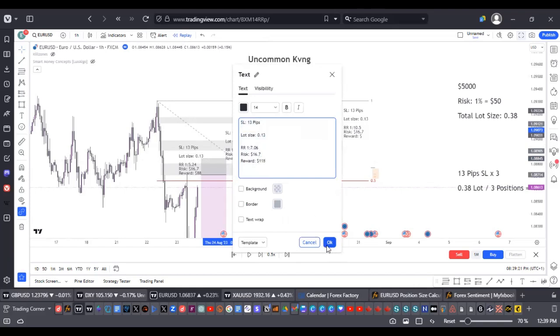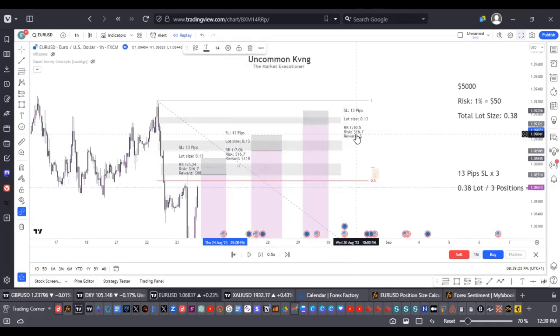All right, and that will give us $118, right? Now, for this other one, we're using the same 0.13 lot size for a 13 pip stop loss, and we're risking 1% to get 10.5 reward, right?